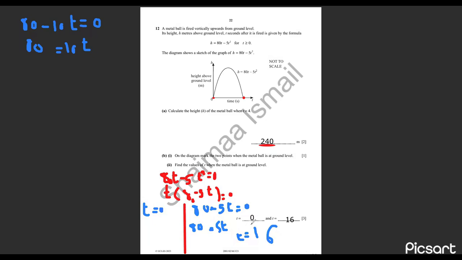So here is 0 and 16. We already solved it: we have time 0 here and time 16 here, and it's clear that this is 0 and this is 16.